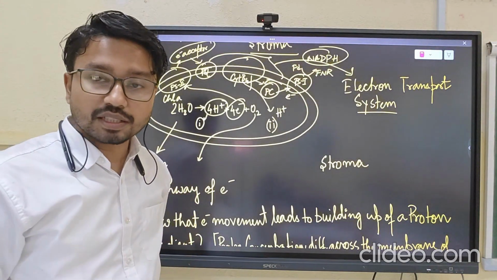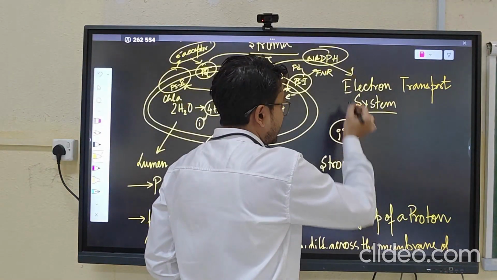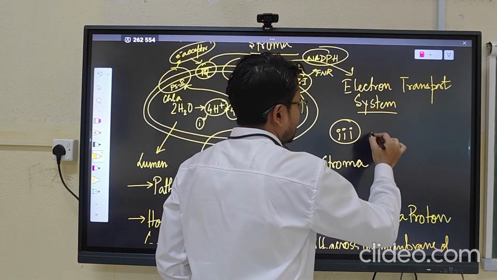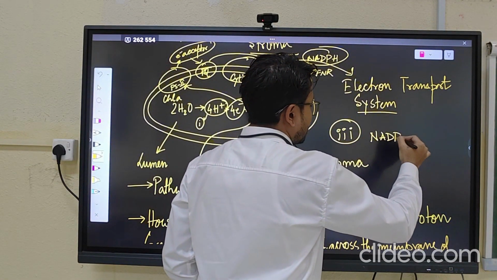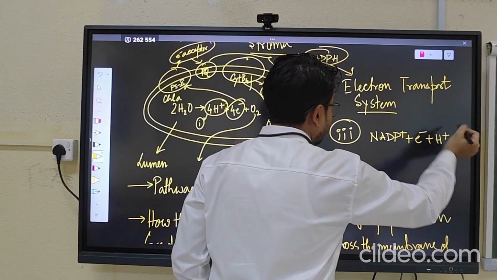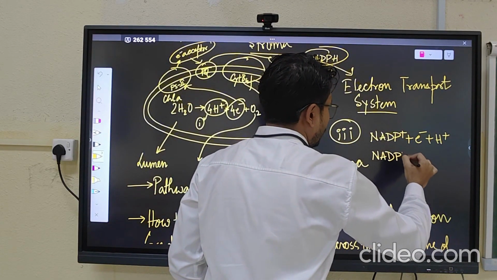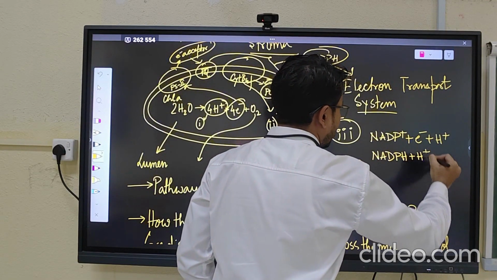Where will this H plus come from? The third reason for the building up of the proton gradient is that NADP plus is so electropositive. When it is given an electron, it will pick up protons from the stroma side, and ultimately stop in a configuration like this.